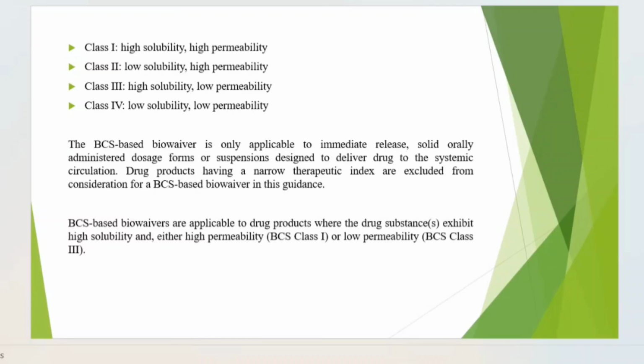Drug products having a narrow therapeutic index are excluded from consideration for a BCS-based biowaiver in this guideline. So narrow therapeutic index, can anyone tell me what is meant by narrow therapeutic index? It means drug in smaller concentration can also lead to serious therapeutic conditions, adverse effects. Yes, right.